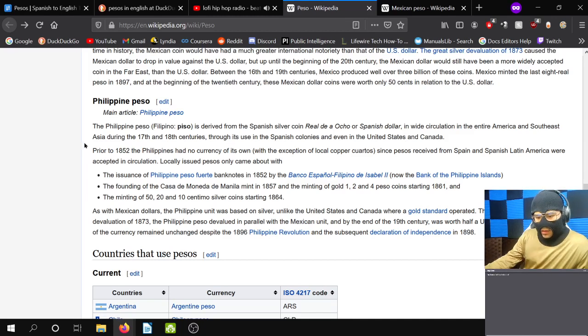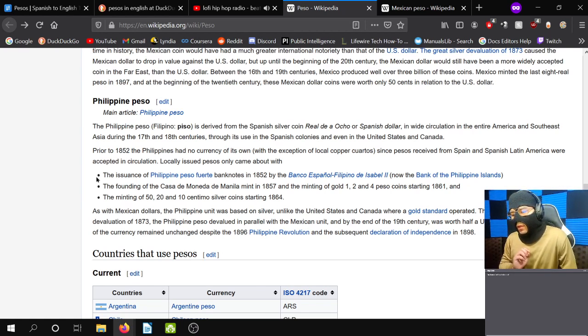Okay, let me quickly read this. The issuance of Filipino peso fuerte banknotes in 1852 by the Banco Español Filipino de Isabel II, now the Bank of the Philippine Islands.